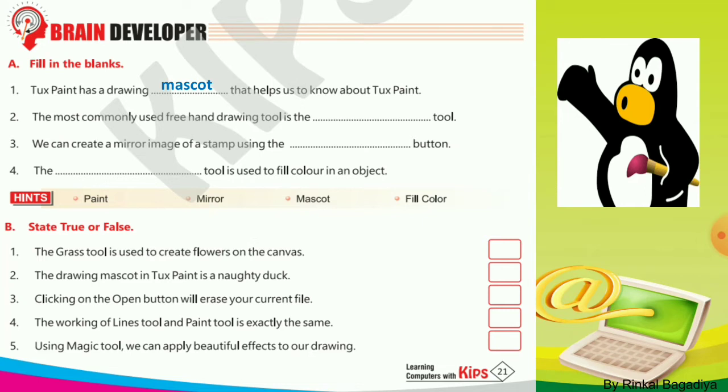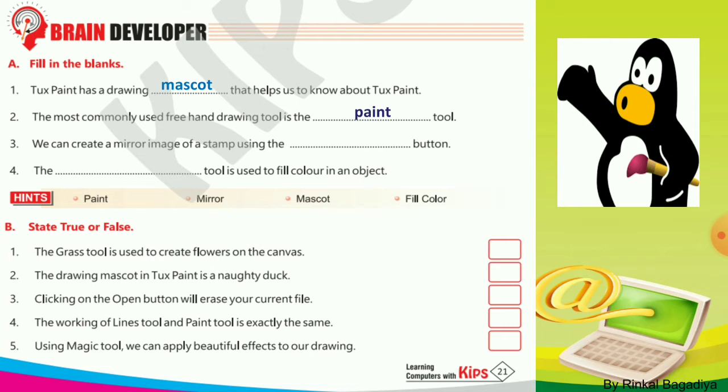Number 2. The most commonly used freehand drawing tool is the dash tool. Freehand drawing tool is, yes, paint tool. So write in the second blank paint tool, P-A-I-N-T, paint. Number 3. We can create a mirror image of a stamp using the dash button.